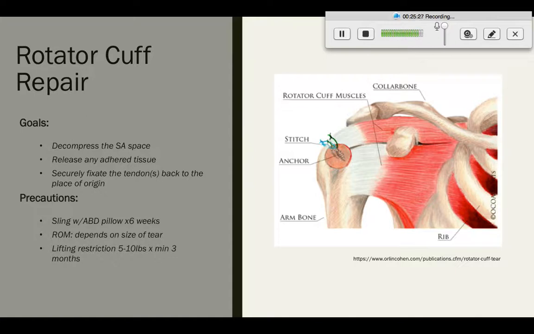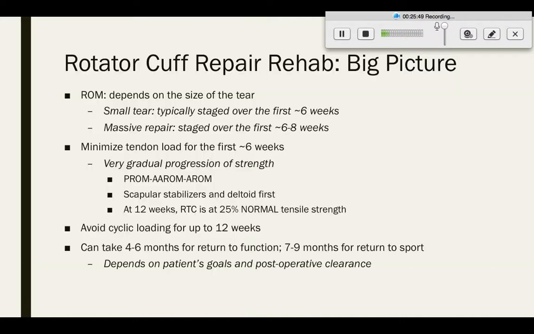And then lifting restrictions. With any shoulder surgery, there's usually some sort of a lifting restriction, and this is going to come into play typically when the sling is discharged, and it may be anywhere from 1 to 5 pounds initially, and then commonly 5 to 10 pounds for a minimum of 3 months. Again, this is a question that you're going to want to communicate with the surgical team over.